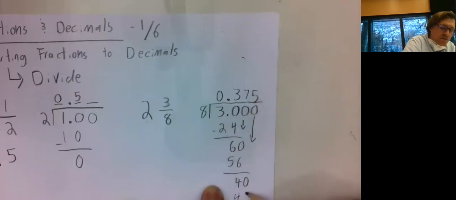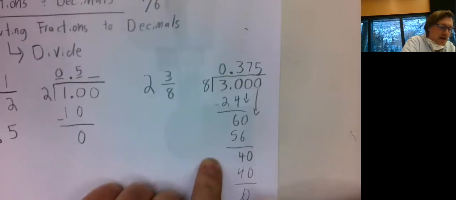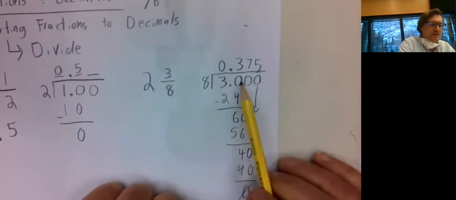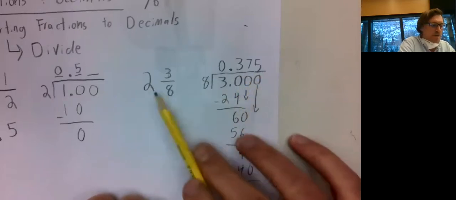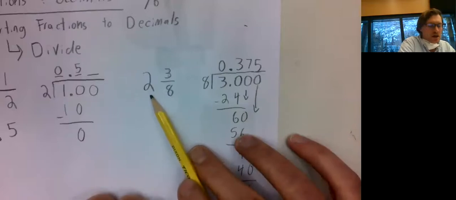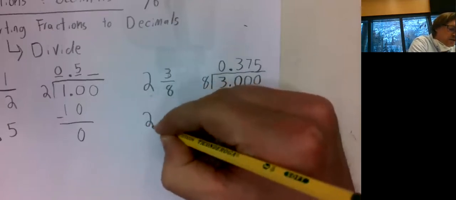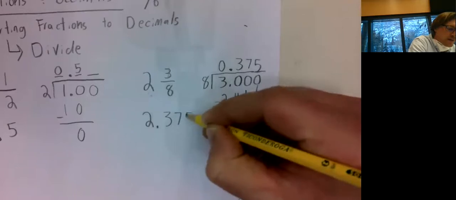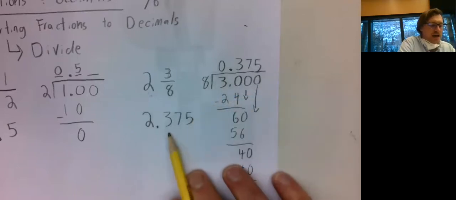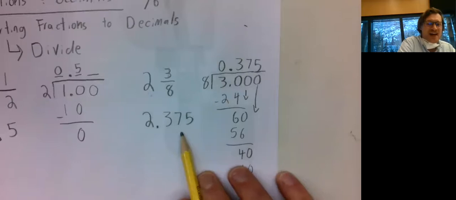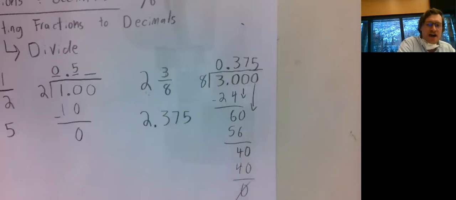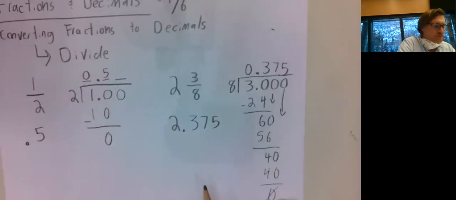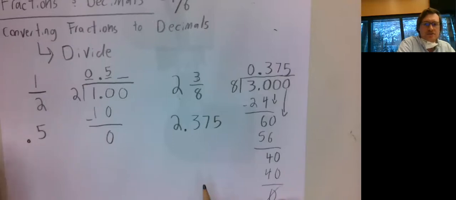And 5 times 8 is 40, and I'm done. So I just converted 3/8 into 0.375, or 375 thousandths. I'm going to bring that 2 back into the equation because it is a mixed number. So my answer is 2.375, or 2 and 375 thousandths. Okay, cool. So we started with fractions and we got decimals.